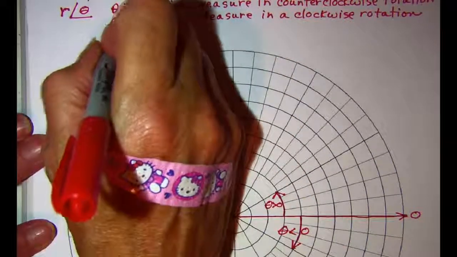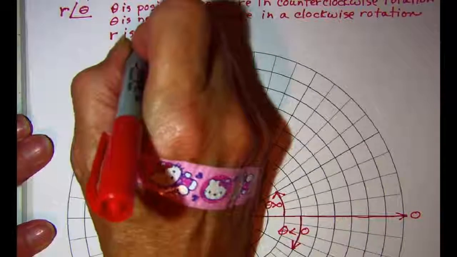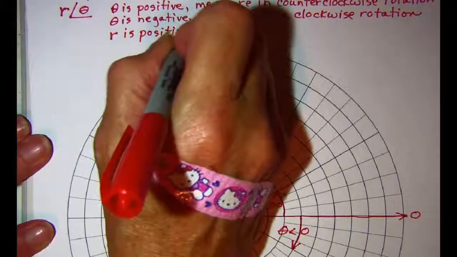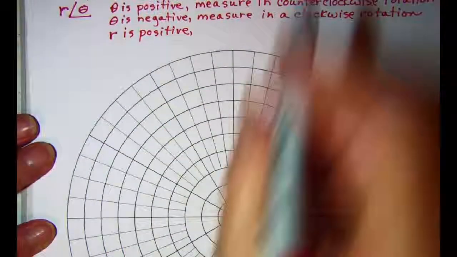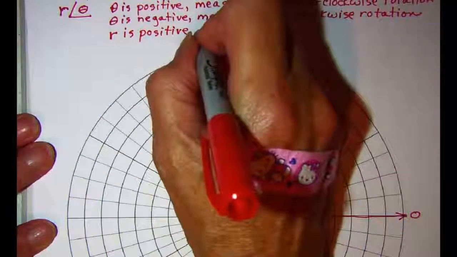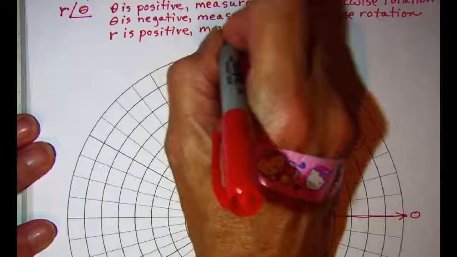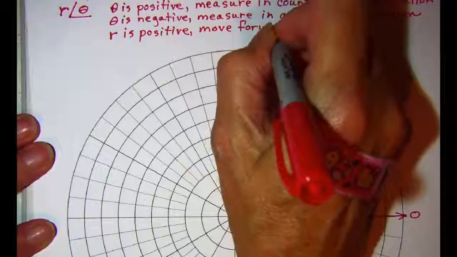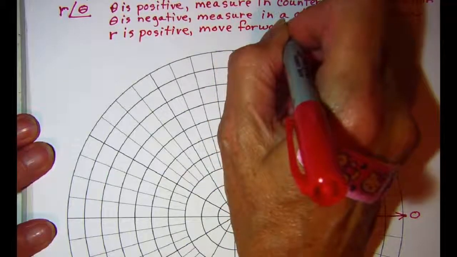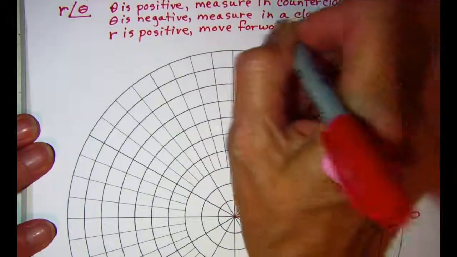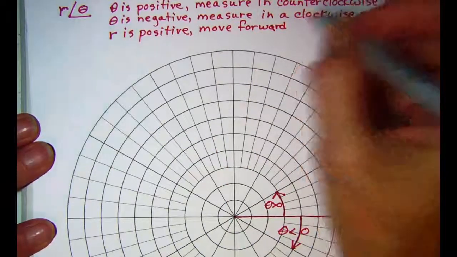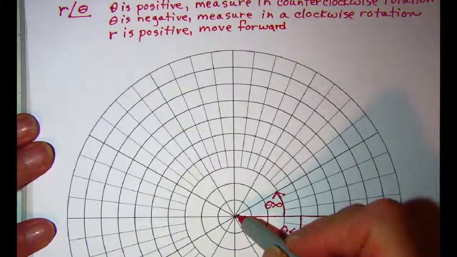Also, if r is positive, we move forward, away from the center point.